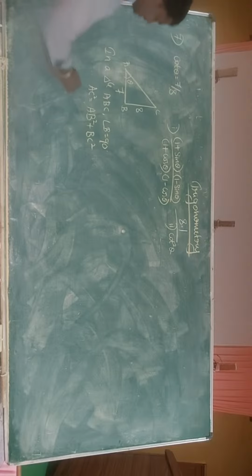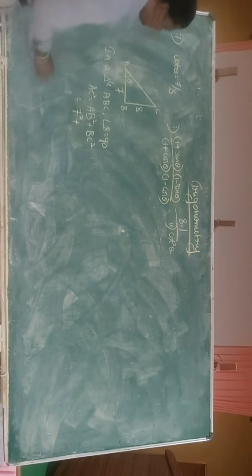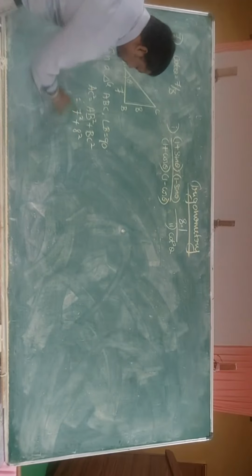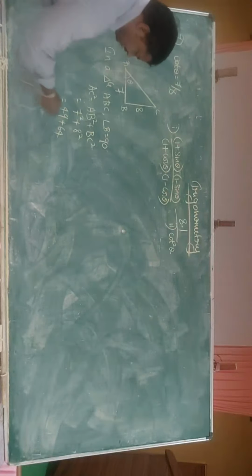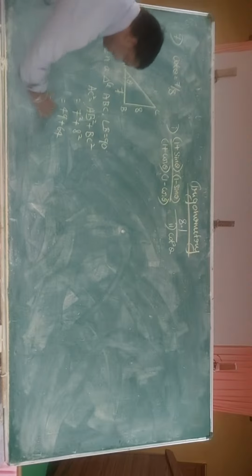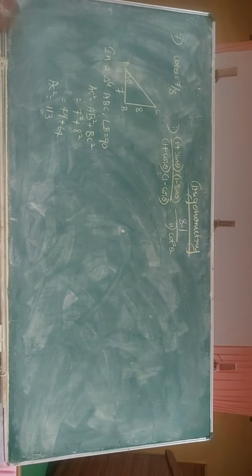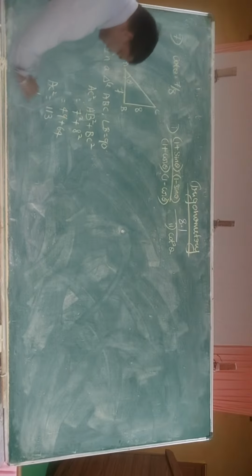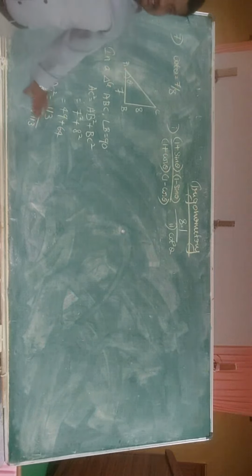So 7 square is 49 and 8 square is 64. 49 plus 64 is 113. AC square is equal to 113, so AC is equal to under root 113. No need to split this one.